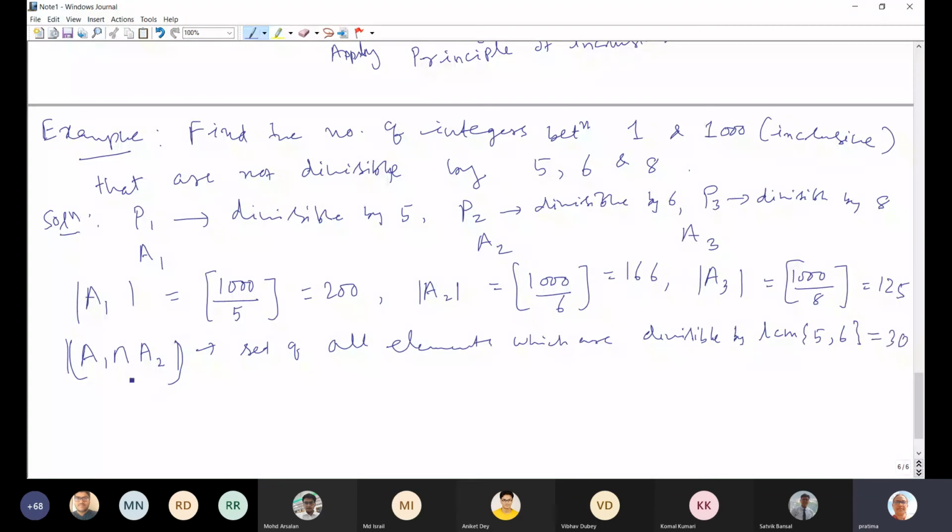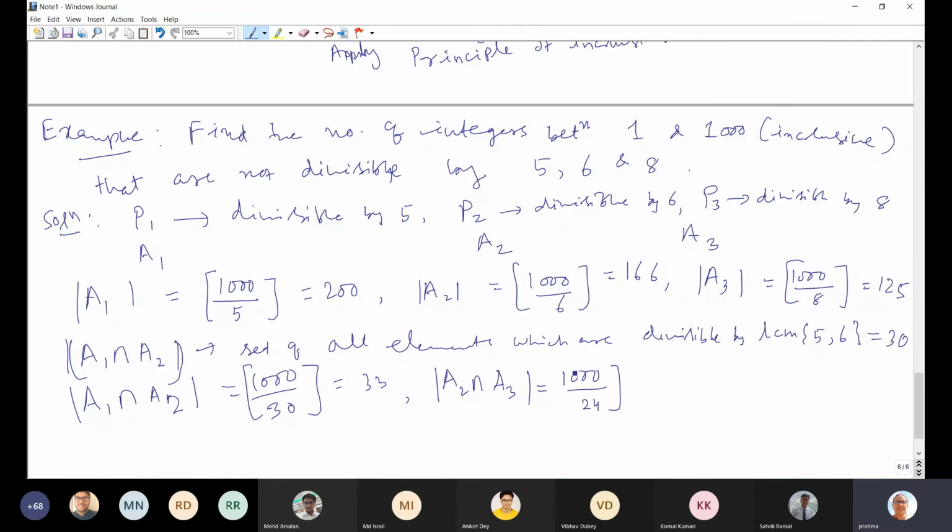So the cardinality of A1 intersection A2 is the greatest integer of 1000 divided by 30, which is 33. Similarly, for A2 intersection A3, we need the LCM of 6 and 8, which is 24.